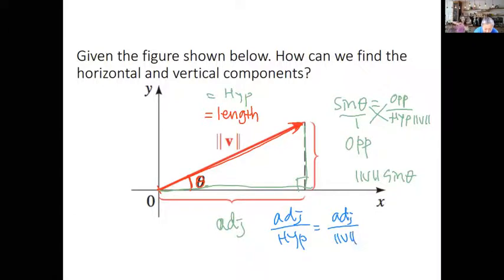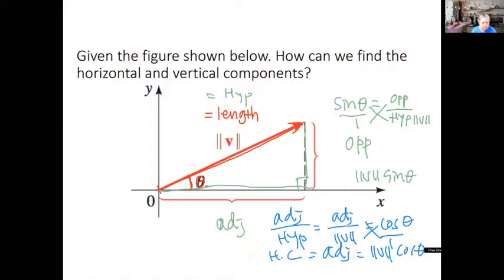So cosine of the direction angle theta equals adjacent over magnitude, and then you cross multiply. The adjacent, which is the horizontal component, if you manipulate the previous expression, is going to be magnitude times cosine theta.